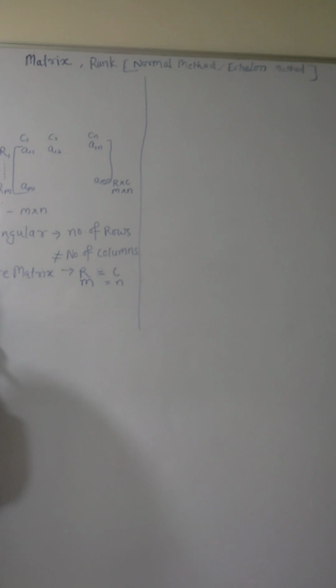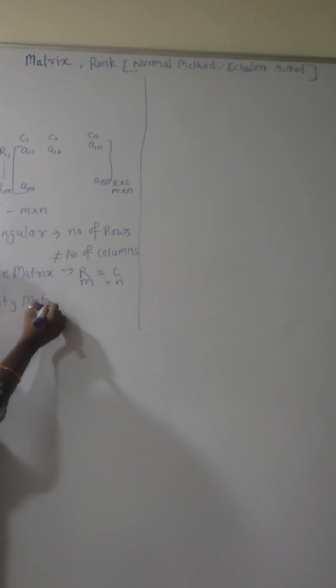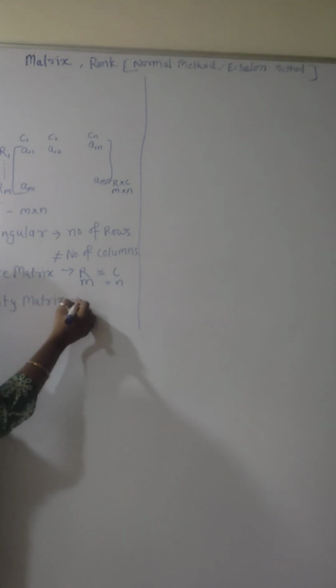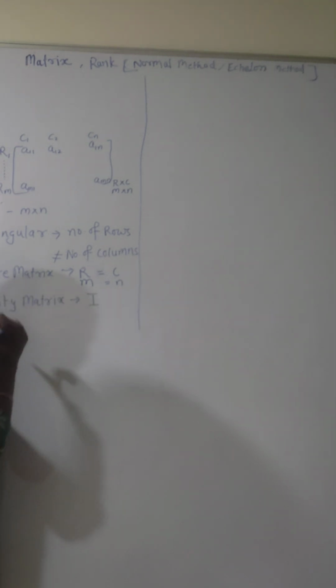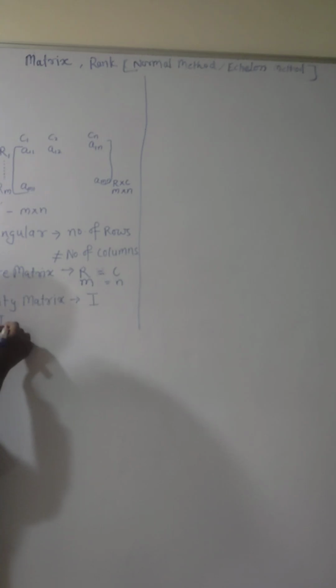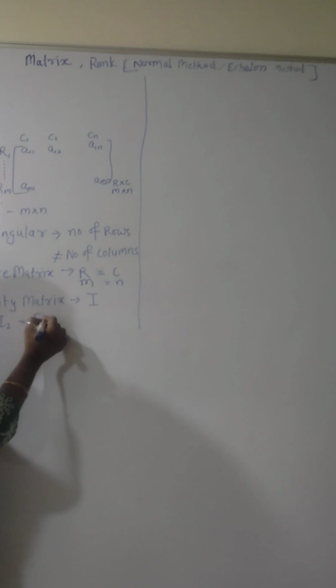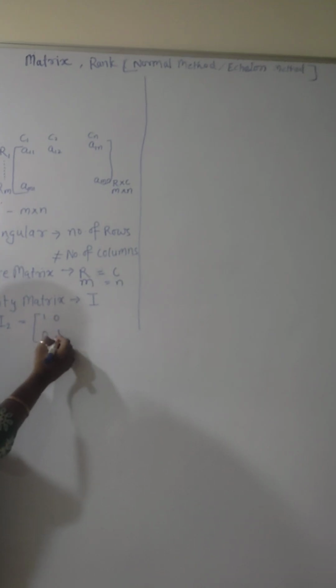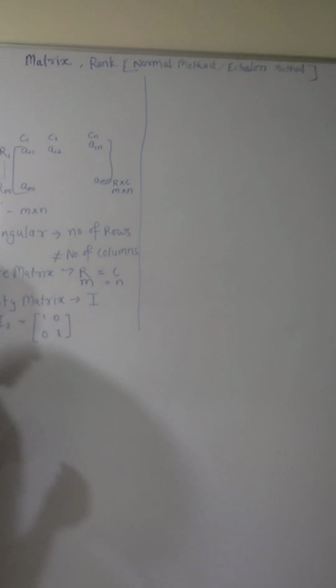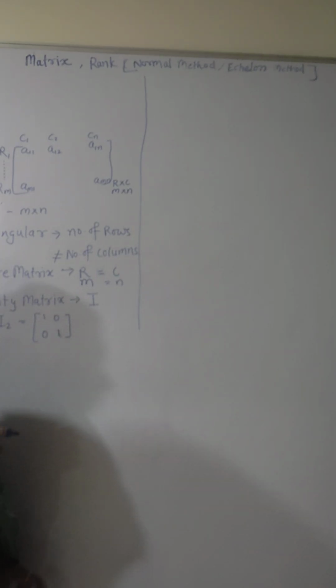Next important one, after rectangular and square matrices, is the identity matrix. It is represented by I. If it is I2, it means the order is 2, with rows 1, 0 and 0, 1. The diagonal elements are 1, and then it is an identity matrix.